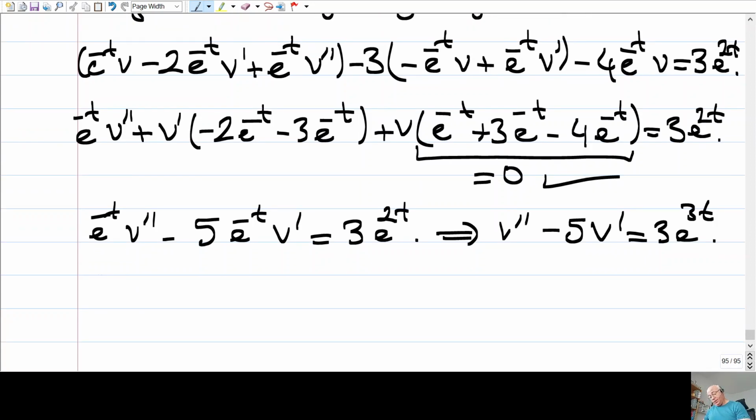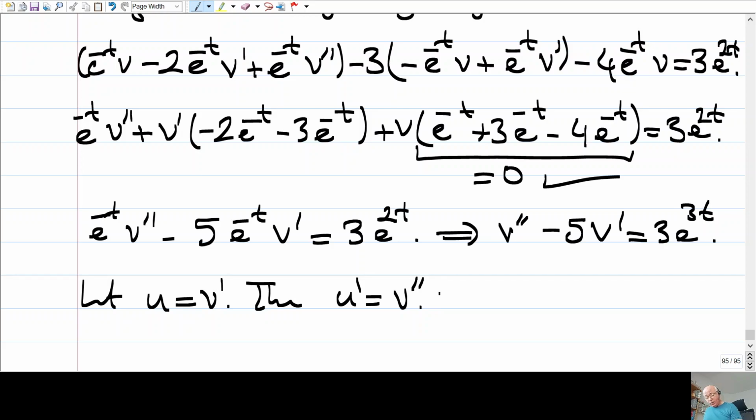And as we said, although this looks like a second order equation, actually it is first order in v prime. So let u be v prime, then u prime is v double prime. So the equation hence gets what? u prime minus 5u equals 3 times e to the power 3t.